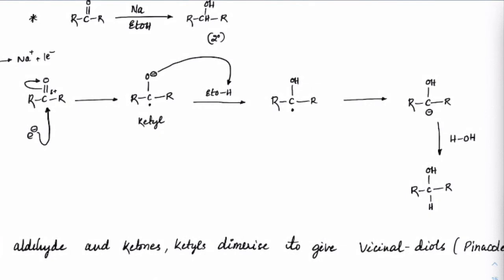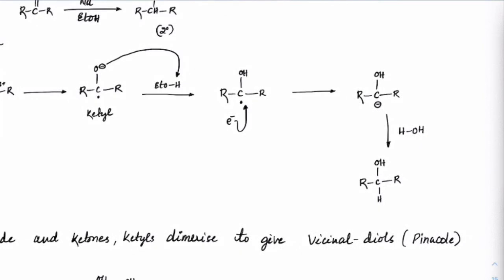On this radical, again whatever the excess amount of electrons present in the solution, they will attack once again on the radical, making a formation of carbanion. Remember, there is a carbanion forming here, and that carbanion, okay, EtOH, sorry, OEt, will again accept the H plus and make the formation of alcohol.